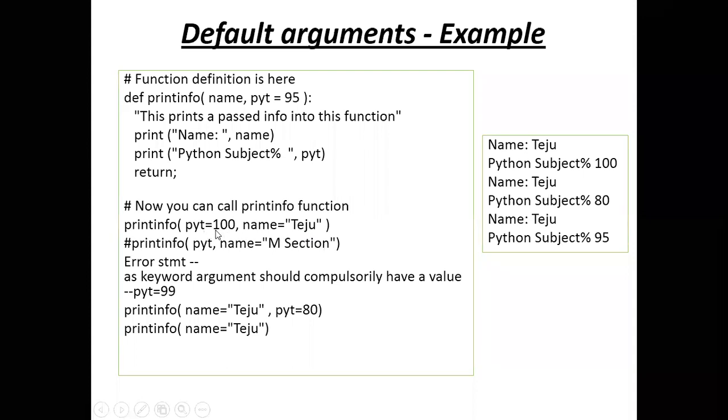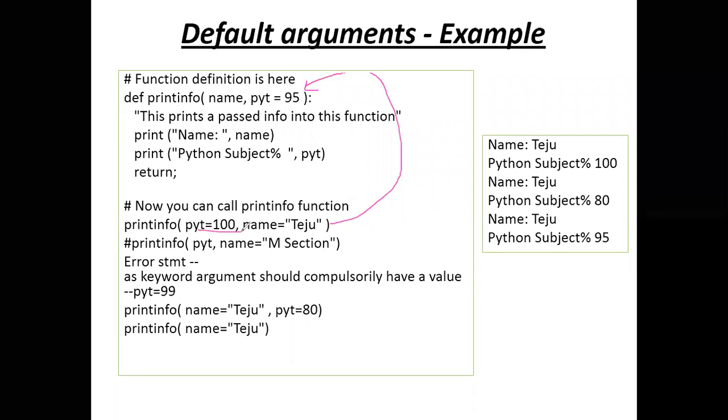Here in the definition I have pyt equal to 95, and in the call pyt equal to 100. In the previous case you gave name comma pyt, but here I'm giving a value to it as well. That means this is a dummy value. Whatever you have in your function call will be passed over here, and the new value only will be printed.